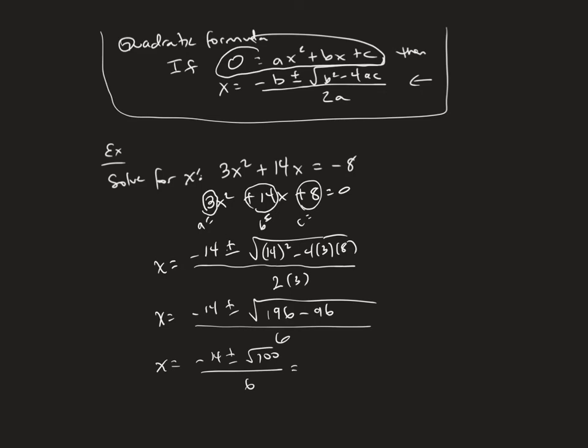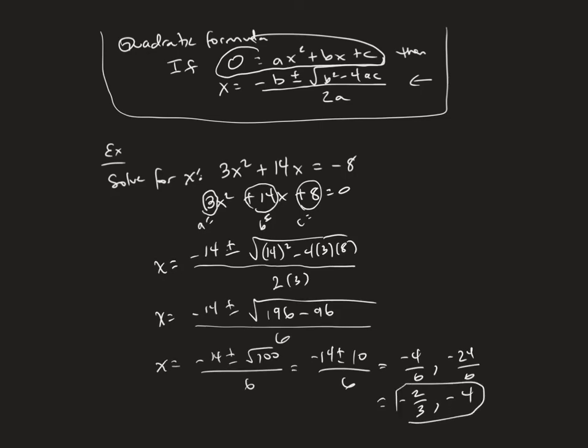Now the square root of 100, in this case that's a perfect square. And square root of 100 is 10. So then my answers here would be negative 14 plus 10, which is negative 4 over 6, and negative 14 minus 10, which is negative 24 over 6. And I should simplify those answers. So negative 2/3 and negative 4.